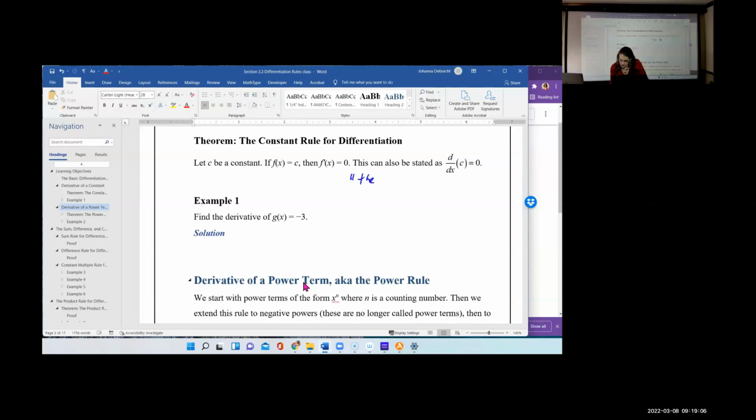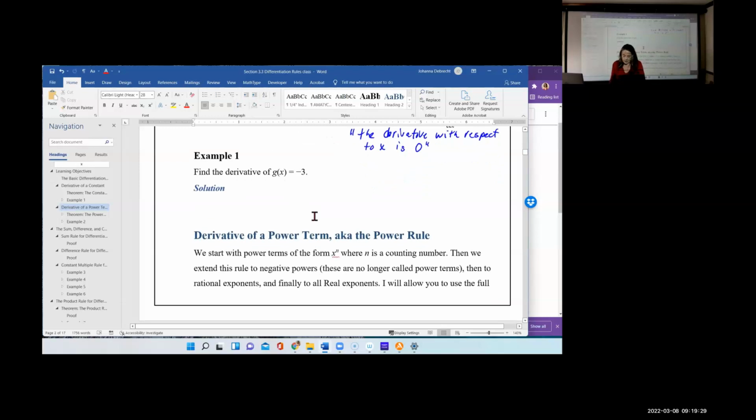So let's write that down in words. All right, so the derivative with respect to x of a constant is 0.